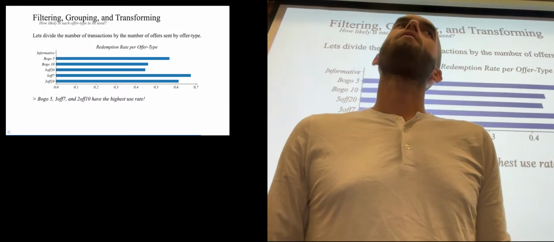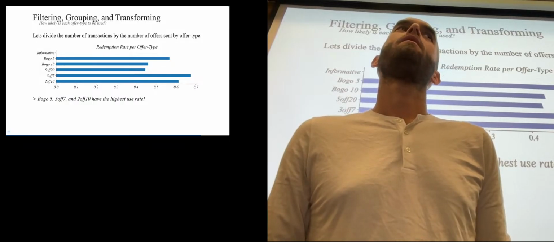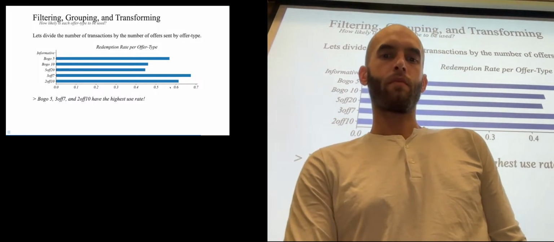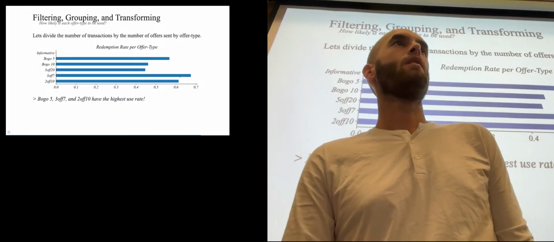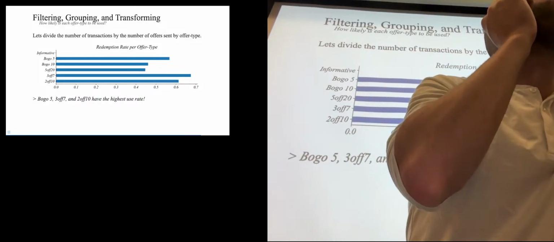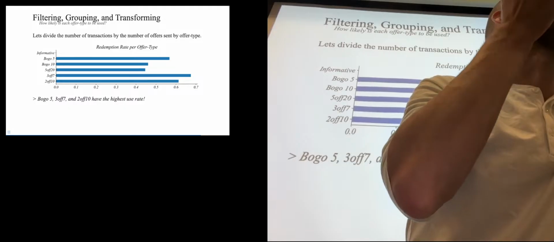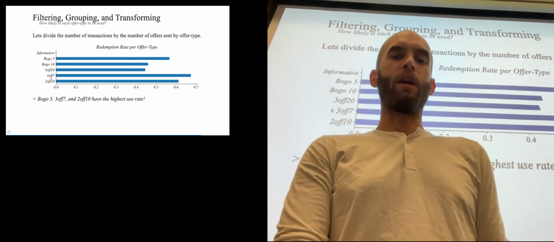Which one of these offers is moving behavior the most? Yeah, so 3 off of 7.